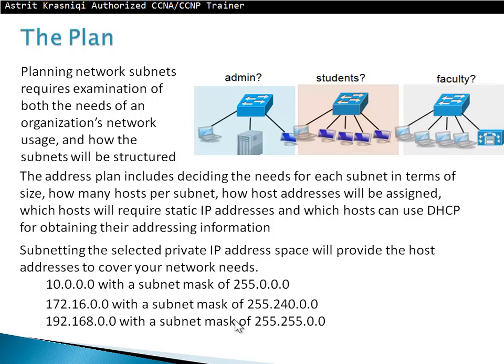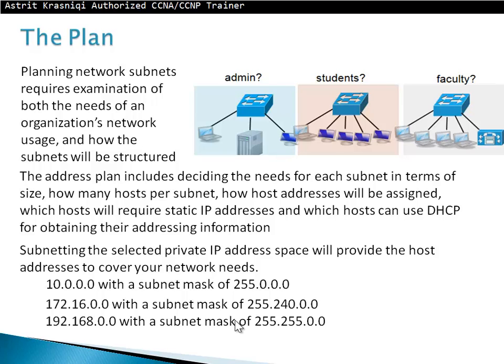For example, remember the private IP addresses. The range was the first, class A, 10.0.0.0 with the subnet mask 255.0.0.0. So the range from 10.0.0.0 up to 10.255.255.255. Then we had class B. Class B range was from 172.16.0.0 with the subnet mask of 255.240.0.0.